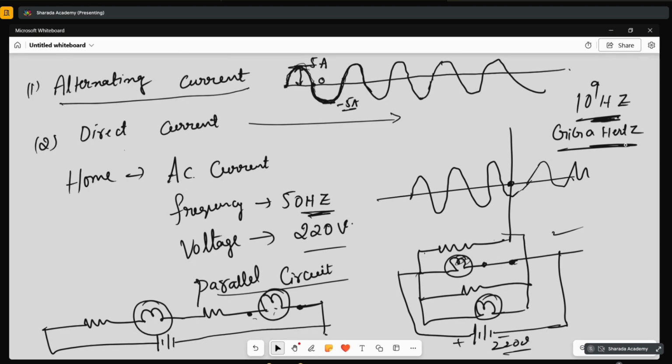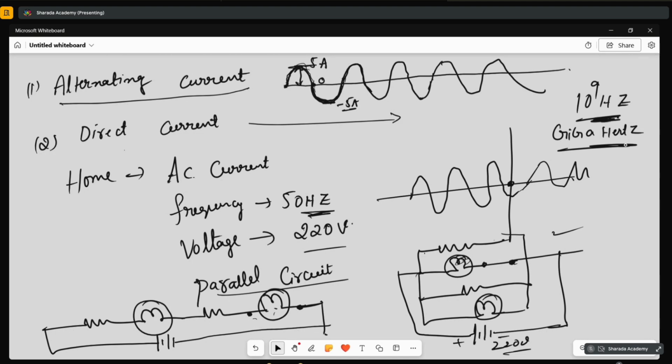So what is alternating current? When the current direction is changing, we call it alternating current. And why are we using alternating current only? Why not direct current? The current is produced in the power stations, and from there it has to reach the home.